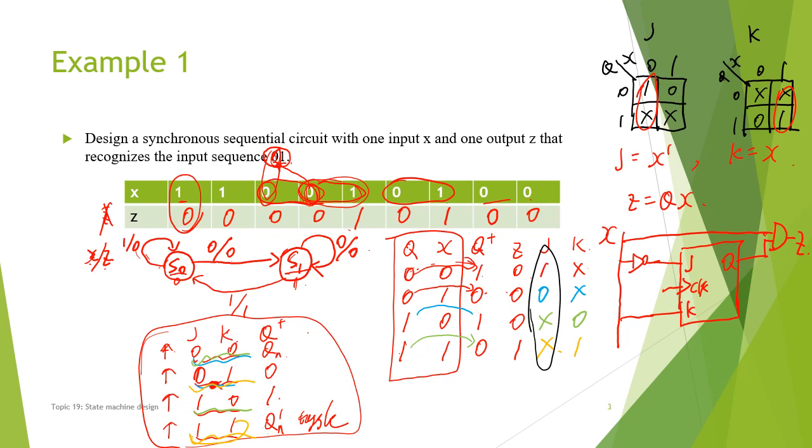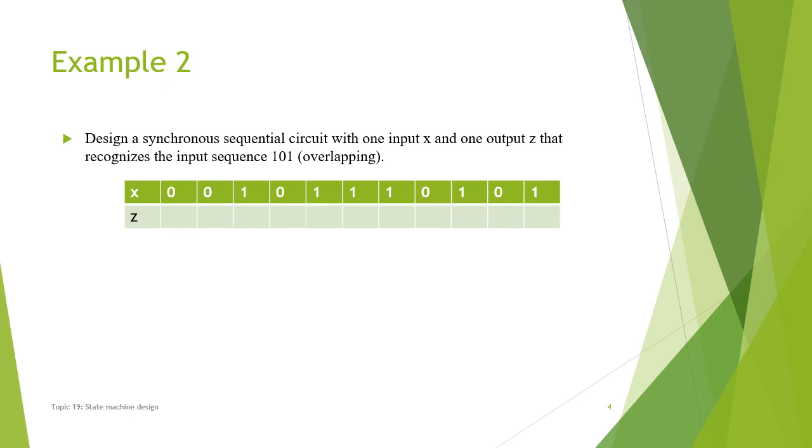So pretty simple, right? But we need to follow the sequences to do the design, so you won't miss anything. Now let's change example one a little bit to make it a little bit more complicated. Okay, see if we can still do this.